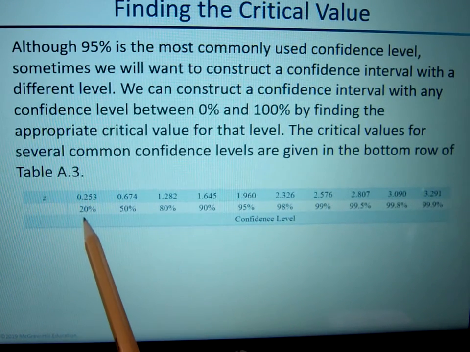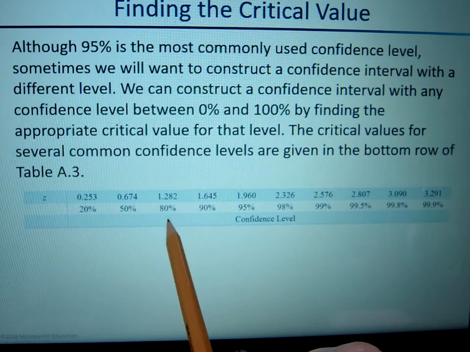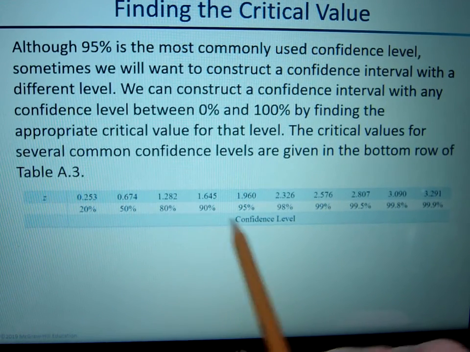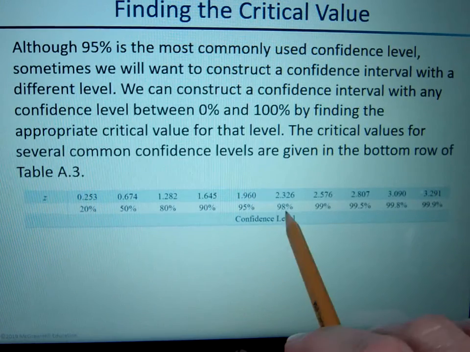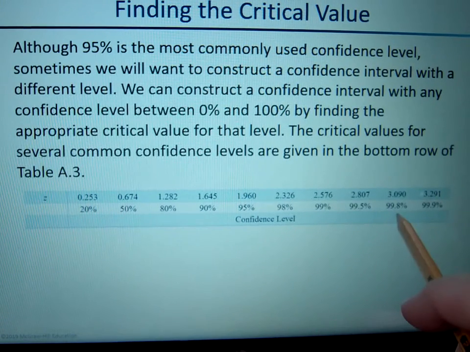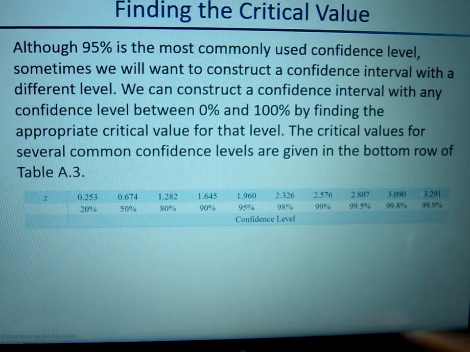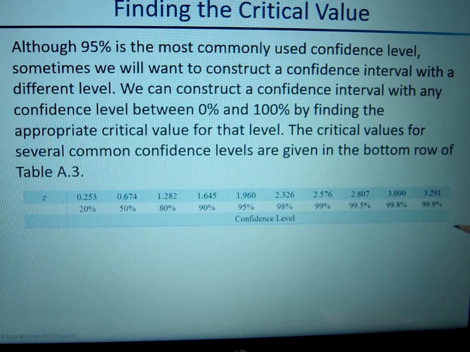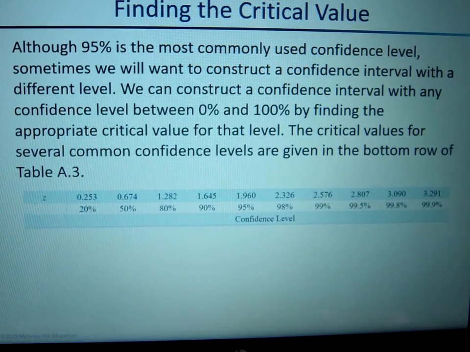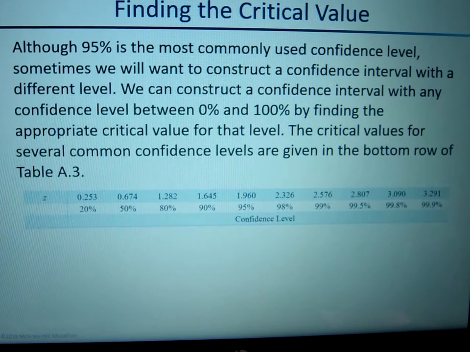You can have a 80%, 90%, 95%, 98%, 99, 99.5, 99.8, 99.9. Would you ever really want to say 100% confidence level? As a researcher, I would say no, you really wouldn't, because you're not giving yourself any type of error leeway.